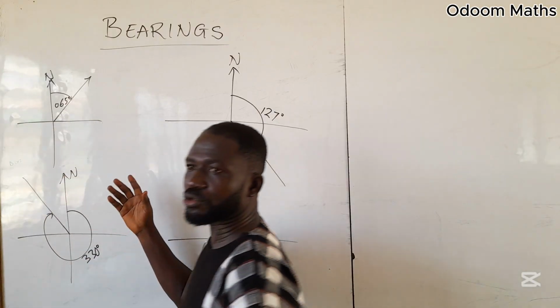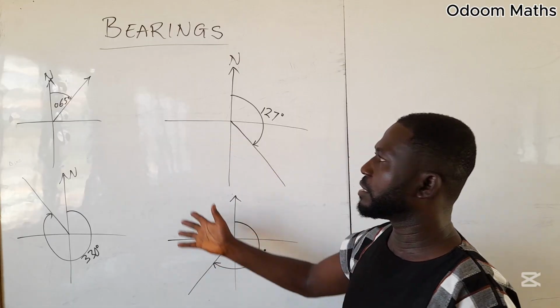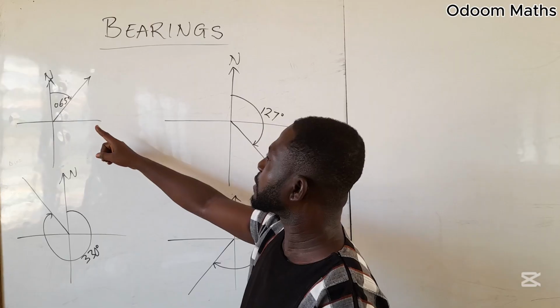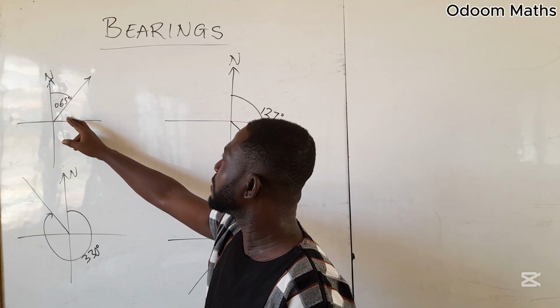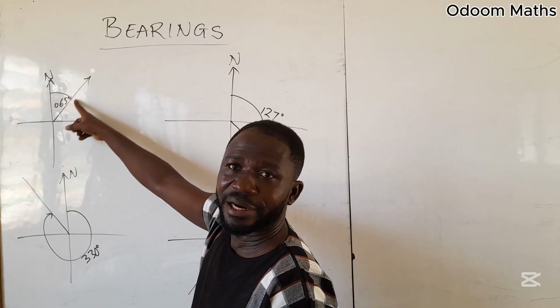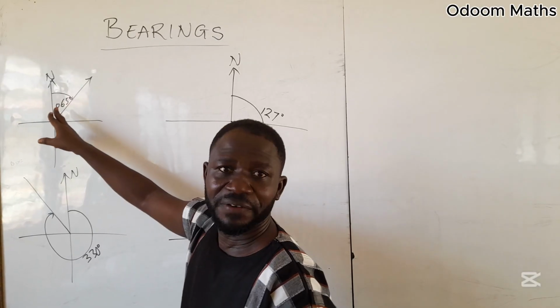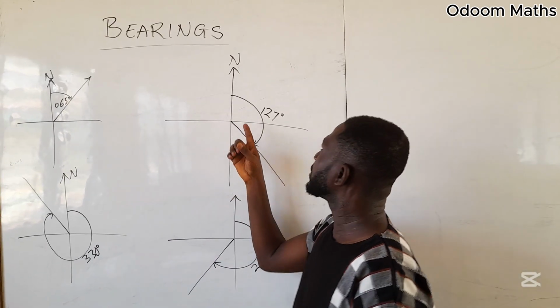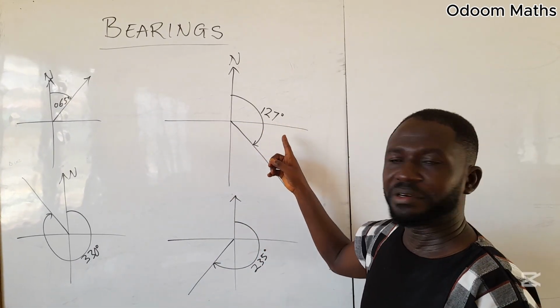Now let's try to read these bearings, the examples on the board. This is the bearing of 65 degrees from geographic north to this line, that is where the direction is going. So this is the bearing of 065 degrees. Then this is the bearing of 127 degrees.